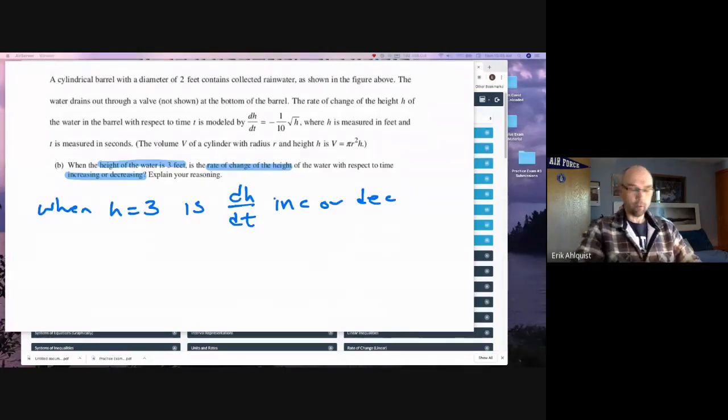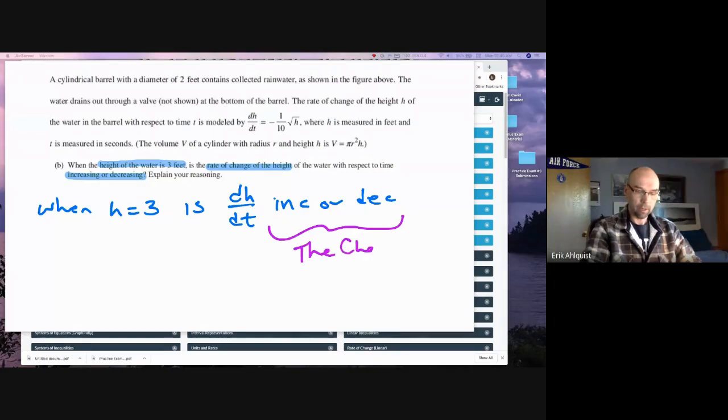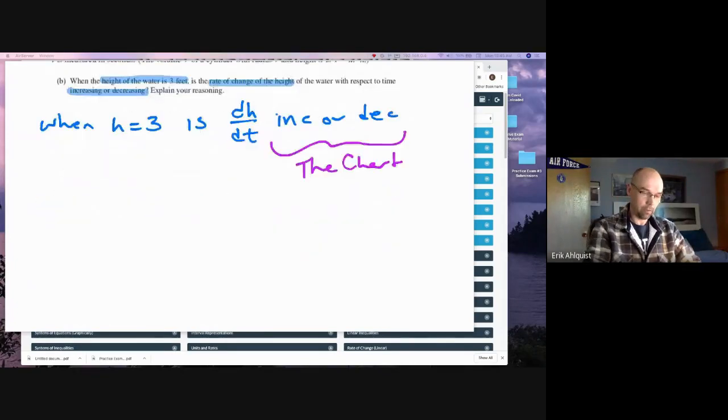Right away, as soon as you see this, you should think of the chart. The chart is going to be the key component here. Anytime we write increasing, we write positive, and anytime we write decreasing, we write negative.